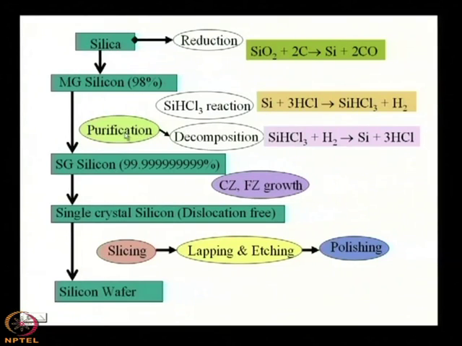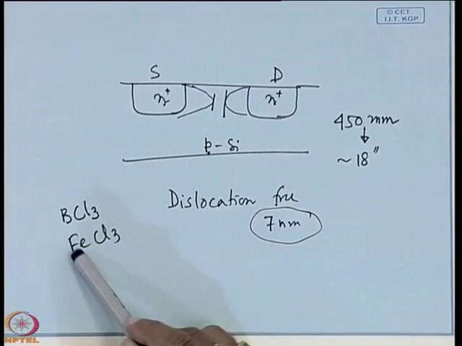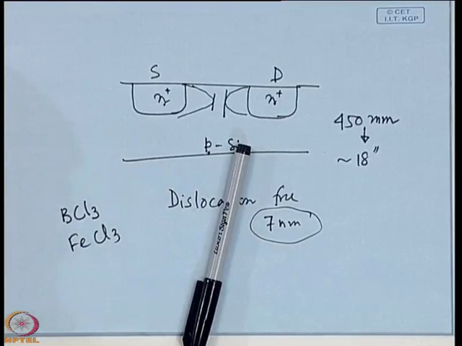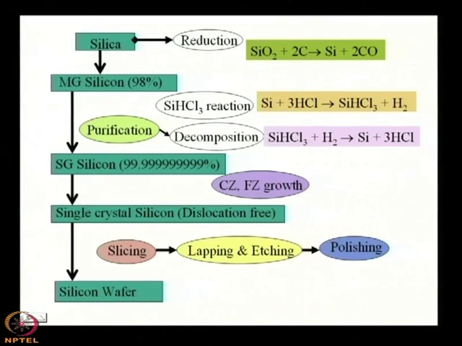That is why the purification step is there, that you can purify the trichlorosilane into very high purity trichlorosilane. And other types of impurity which I mentioned can be removed as a chloride compound, because you are making the reaction using hydrogen chloride, HCl.